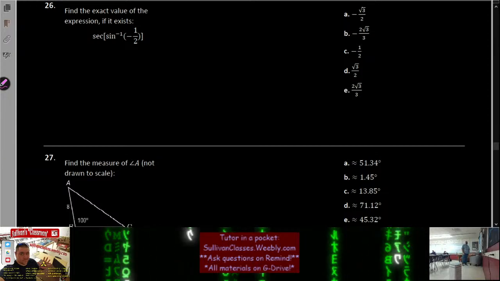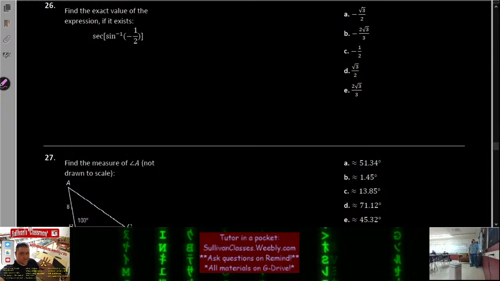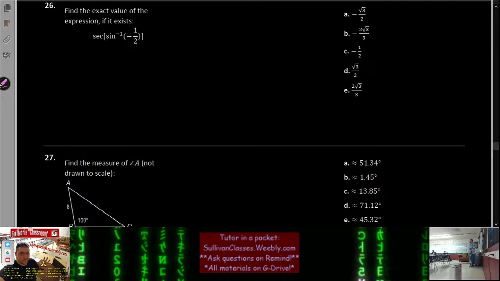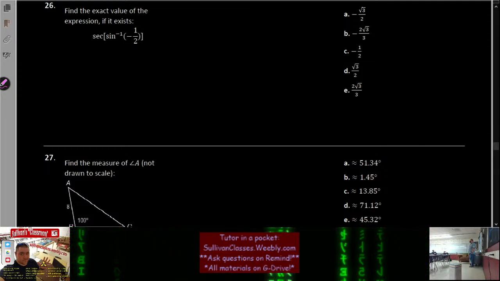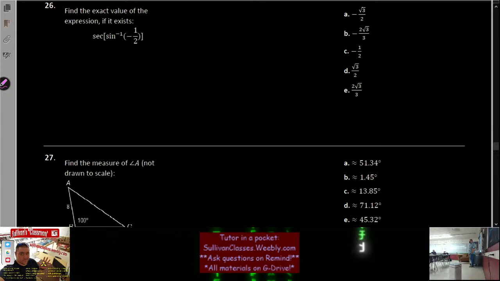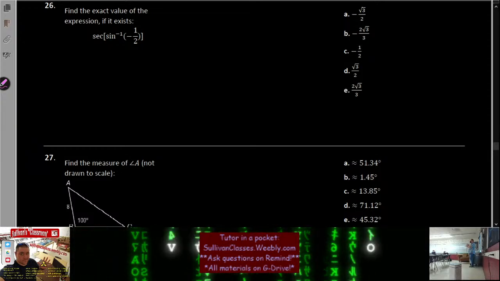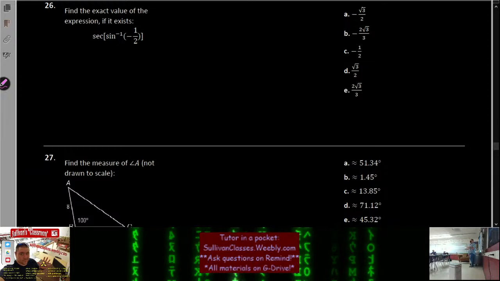Arcsine of negative 1/2, what is it? What angle has a sine value of negative 1/2? First of all, is that even legal? What is the domain of all arcsine values?